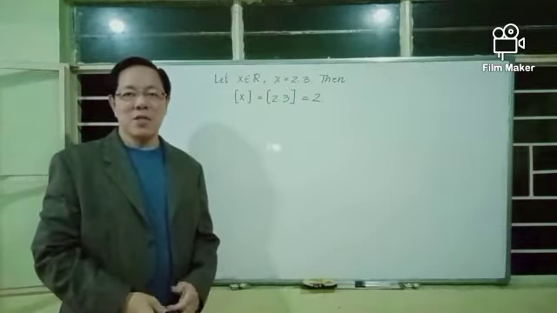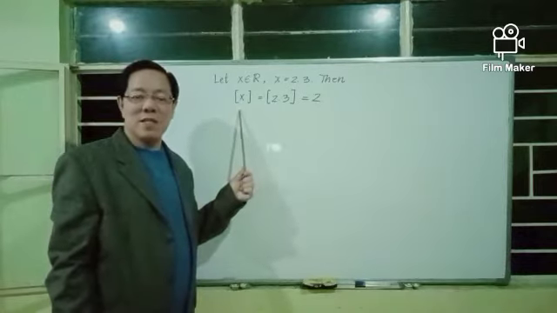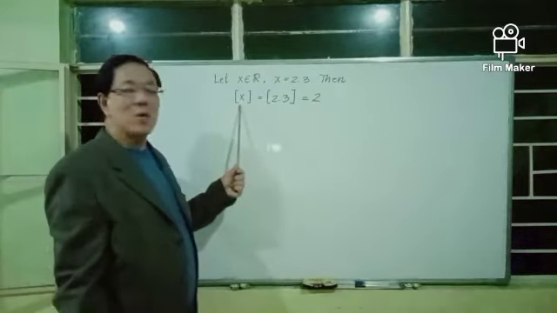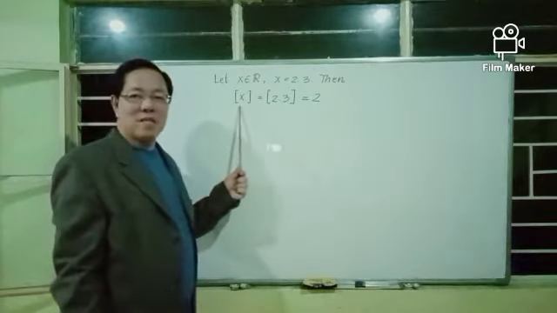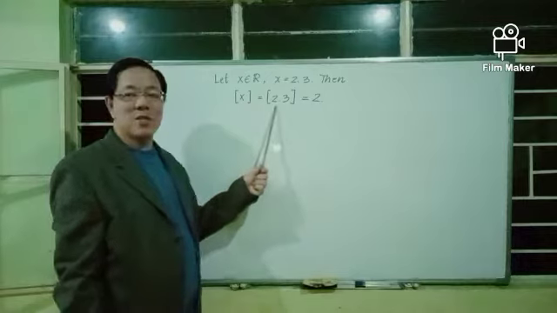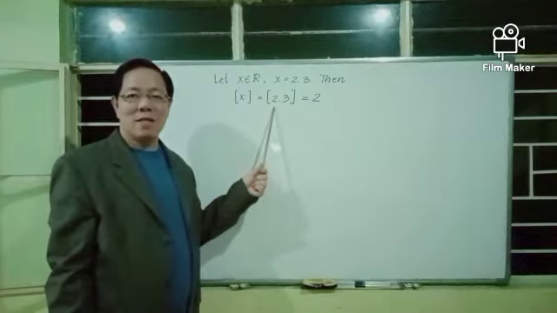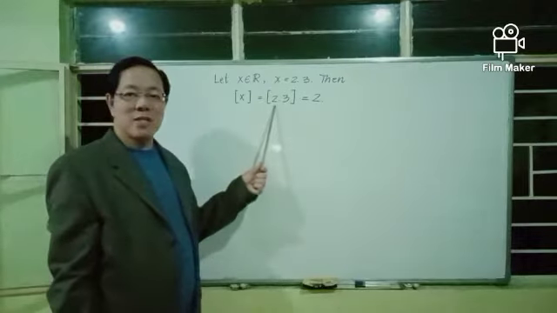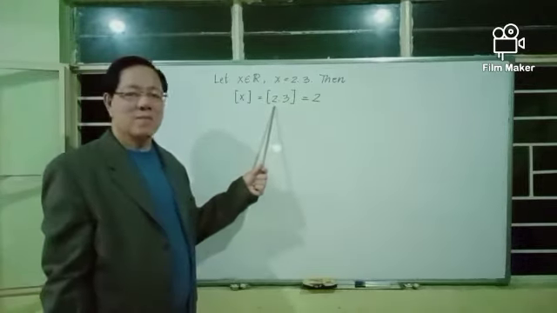The greatest integer of x is defined as the largest integer that is less than or equal to x. For the particular value of x equals 2.3, the floor of 2.3 is the largest integer that is less than or equal to 2.3.